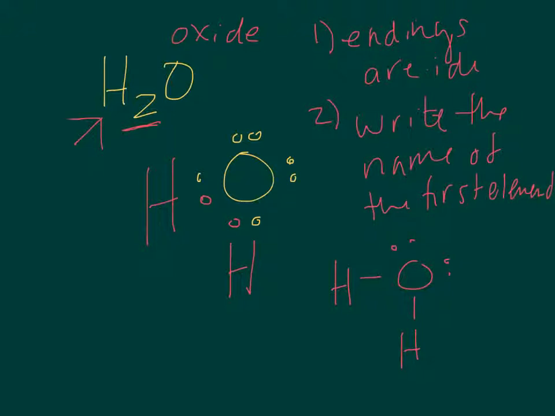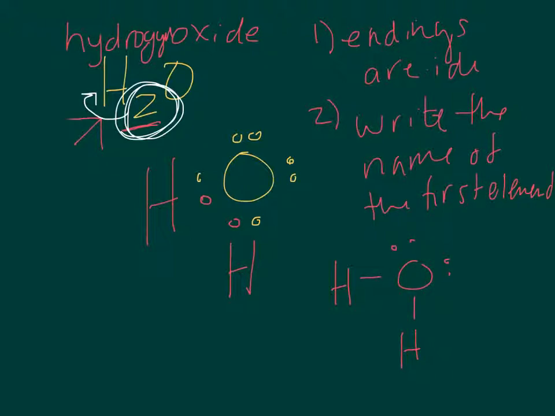So I'm going to write the name of the first element, and so this is just going to be hydrogen. Okay, so that's hydrogen. Now, here's where it gets interesting. Right here we have a 2, which means that we have 2 H's.